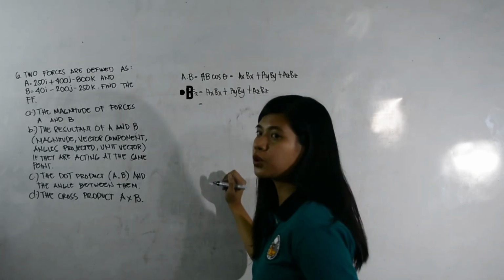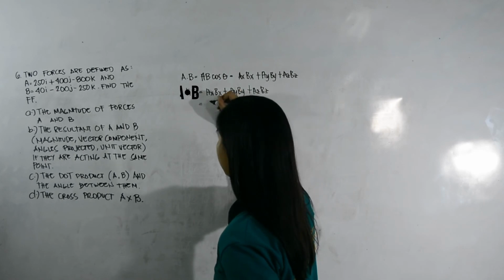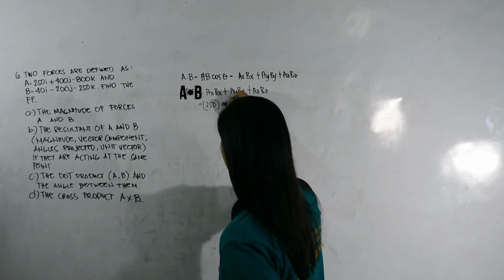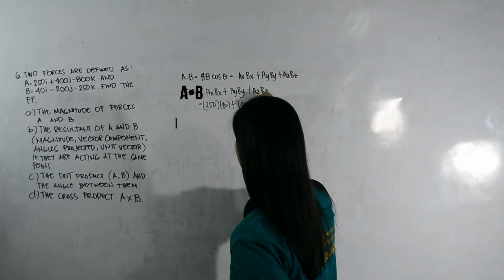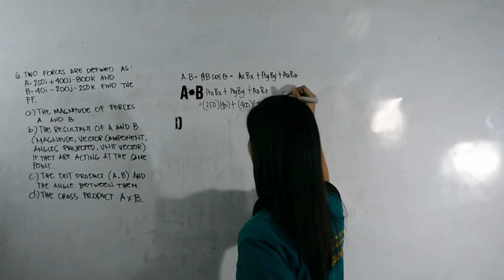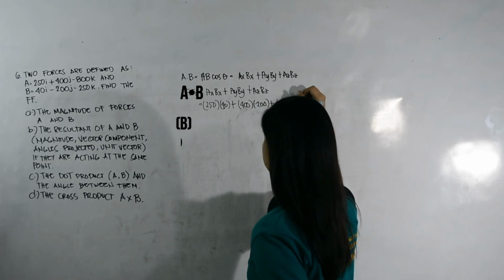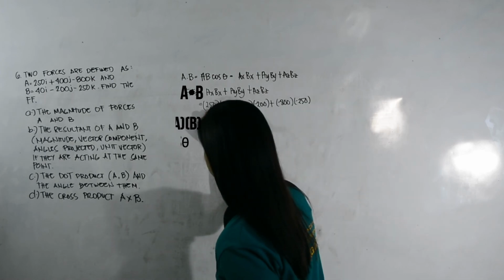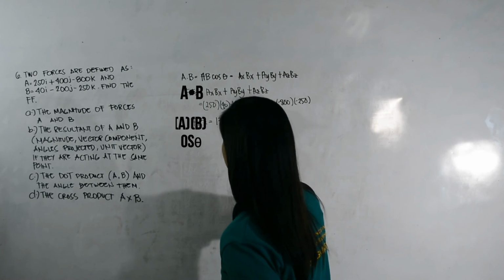We just simply substitute the following given to the equation, which is AX 250 times BX 40 plus AY 400 times negative 200 plus AZ negative 800 times negative 250. And that will be 130,000.